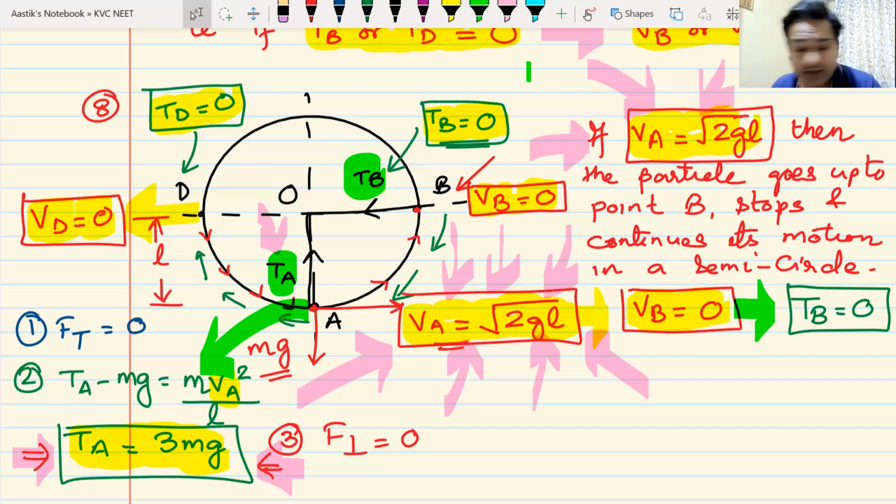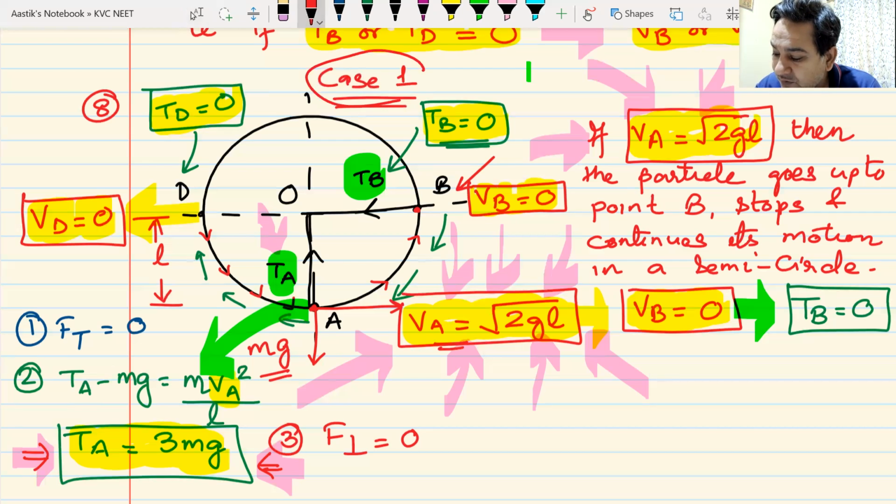Now, we had done the case when VA was root 2GL, and let us call this case number 1. Case number 1, please note it down.